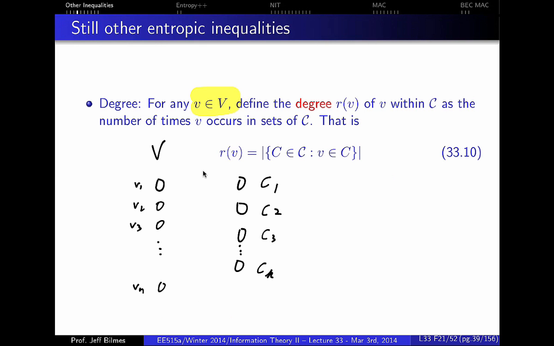So remember, ci is a subset of v, and vi is a member of v. And there's a set of edges, right, which makes it a bipartite graph. Right? So on and so forth.